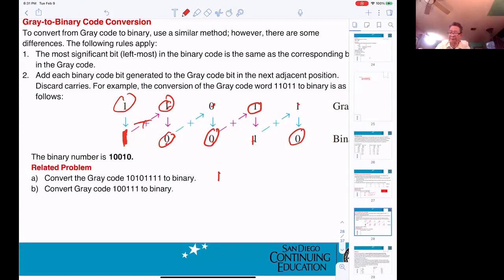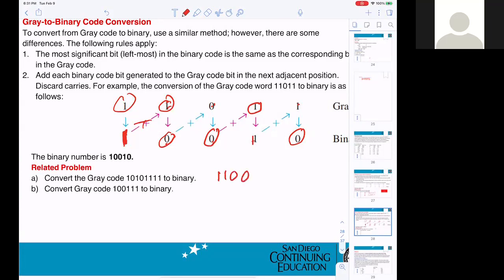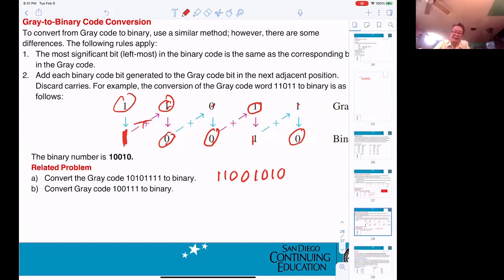Okay, 1. 1, next, 1, 1. 0, 0, 1, 0, 1, 0. Is that answer right? Yes. You agree with that? Yes. Okay, give me the next one, B.